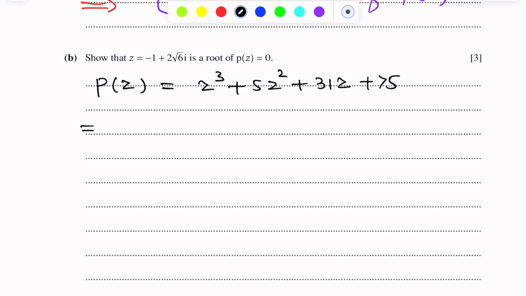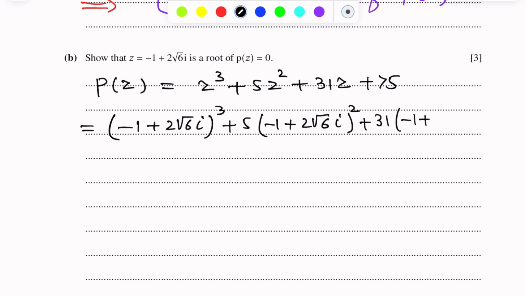Putting here we get (minus 1 plus 2 under root 6 iota) to the power 3 plus 5 into (minus 1 plus 2 under root 6 iota) squared plus 31 into (minus 1 plus 2 under root 6 iota) plus 75. Now we will simplify all these terms. We will expand this because the power is 3.